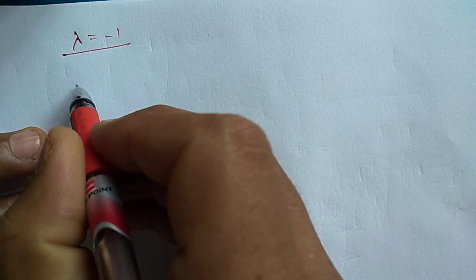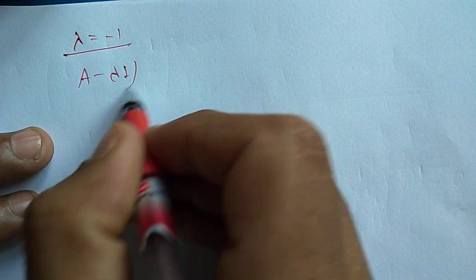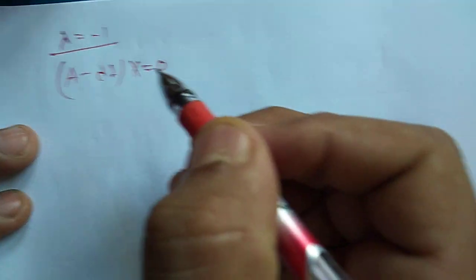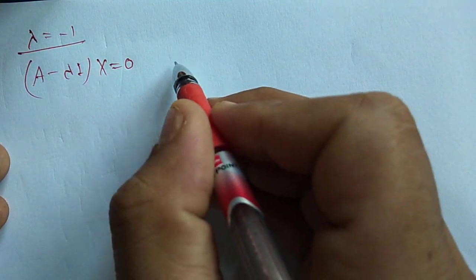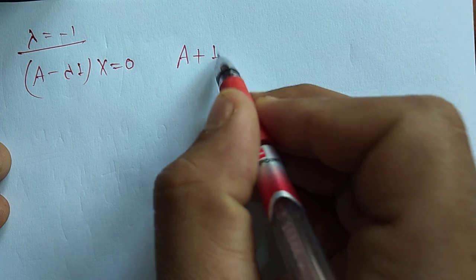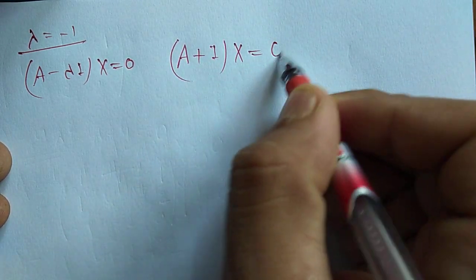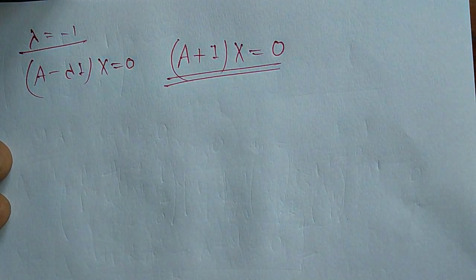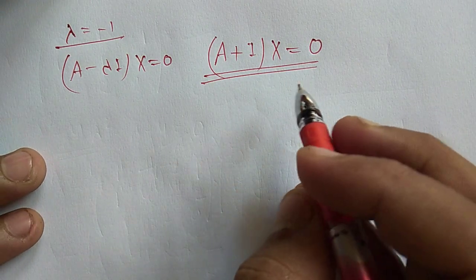Let us try to find the eigenvector for lambda equal to minus 1. So your (A minus lambda I) x equal to 0, and lambda equal to minus 1, so we can have (A plus I) x equal to 0. So try to solve (A plus I) x equal to 0.